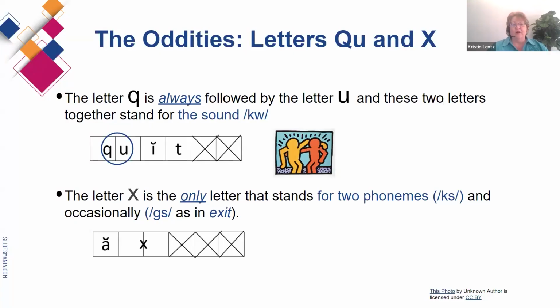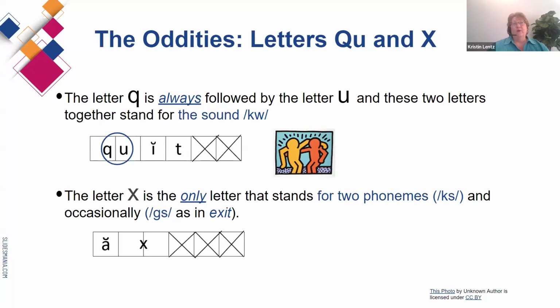Now, there are a couple oddities in our language. I know it probably comes as no great surprise. So the letters Q, U are what we often refer to as buddy letters. Q and U always come together in the English language.